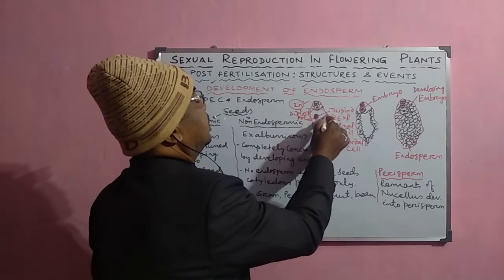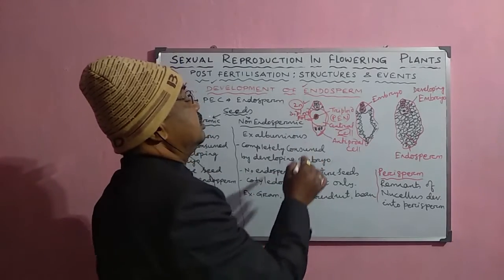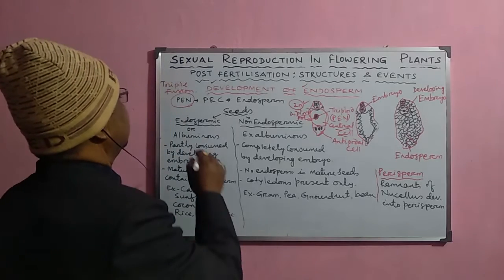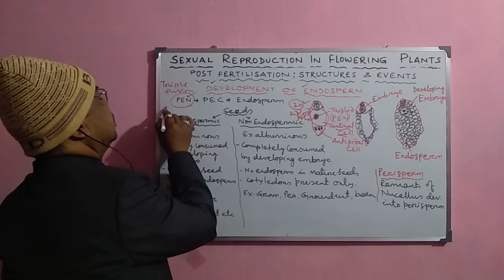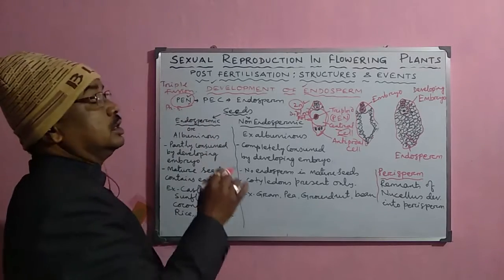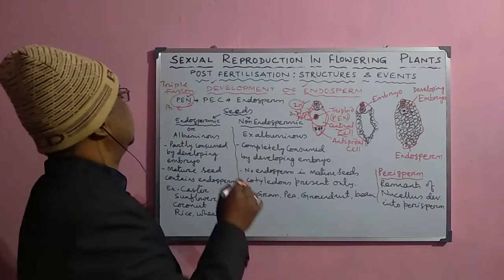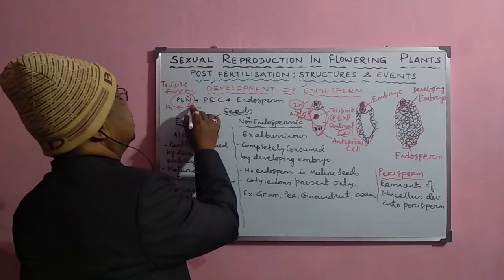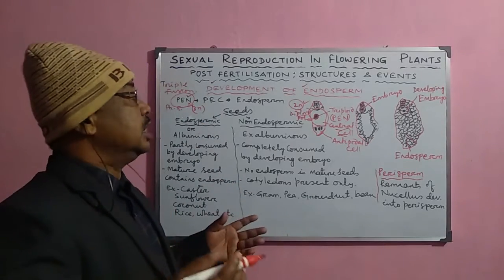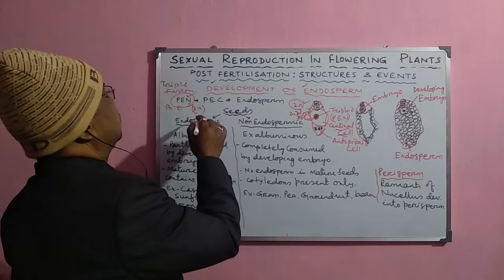Okay, this is the central cell, and this nucleus, which is triploid, is the primary endosperm nucleus. This primary endosperm nucleus, having 3n chromosomes, divides and redivides.